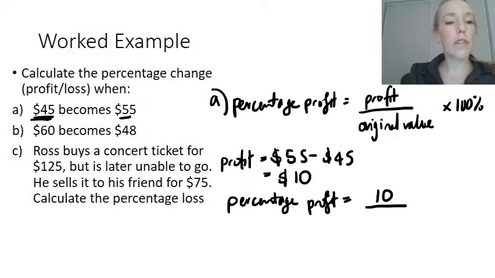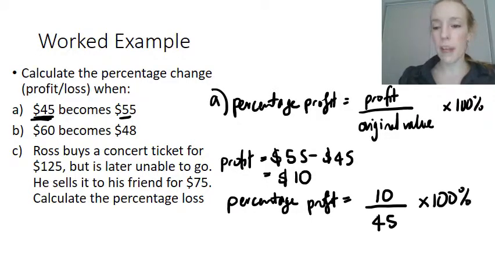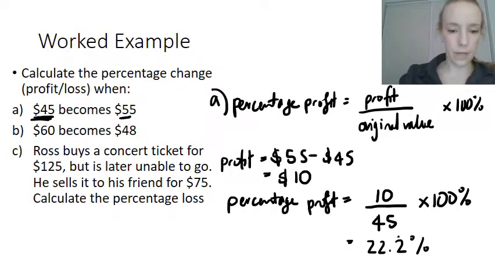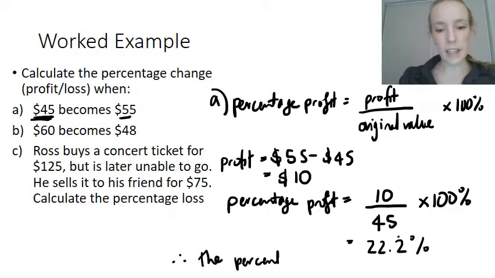It was 45 and it turned into 55, so 45 is our original, times 100%, which will give us our percentage profit. We'll type that in. So that's 22.2 recurring percent. So there you go. Therefore, the percentage profit, that's an F, not a P.